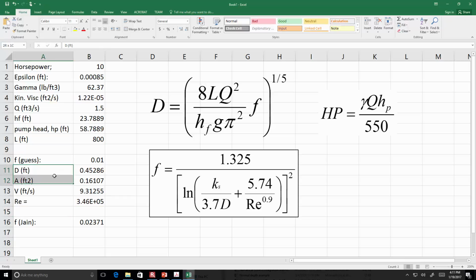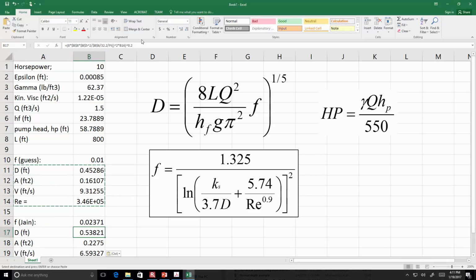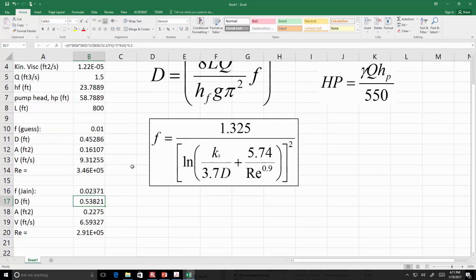Okay, so I can copy all of these, Control C, and paste them with Control V. And then it's looking at the new f value to calculate an updated diameter. And what we do is we keep iterating this until it doesn't have any differences in the diameter anymore.